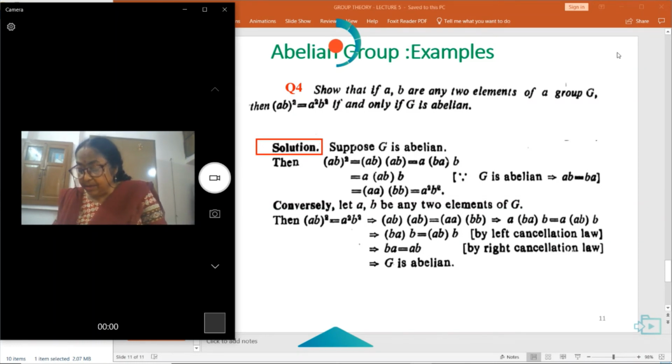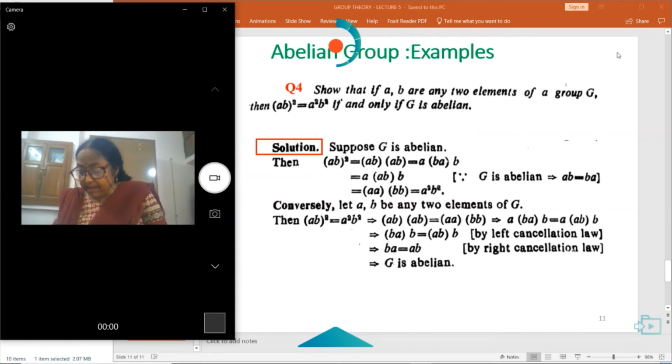Now, using the associative property, we can write it as A into BA into B. Now, in place of BA, we can write AB, so A into AB into B. So, next, A into A, B into B is equal to A square into B square.